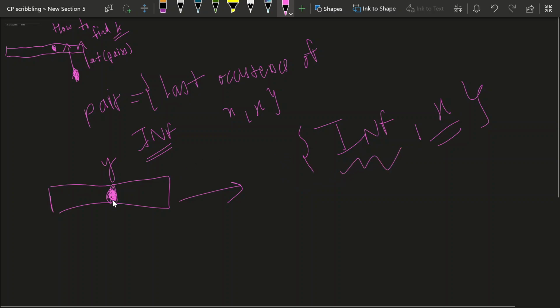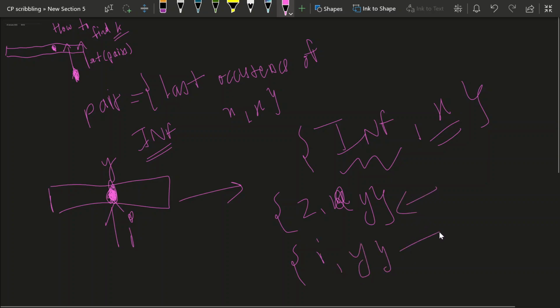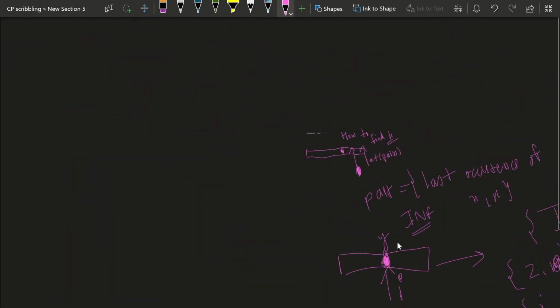Then you can extract that specific pair and see what is the last occurrence of y, and you can simply update it. Let's say the last occurrence of y was z, and now the last occurrence of y will be i, if you're at the ith index. So your pair would have looked like z, y, and now you will update it to i, y. You will remove this pair and insert the new pair, and this is acting like a priority queue.